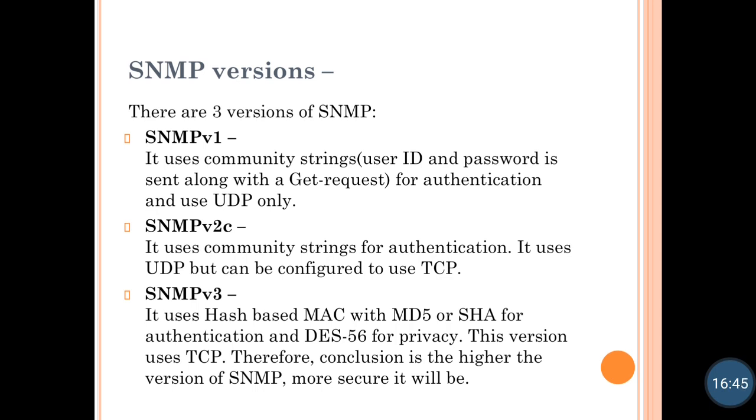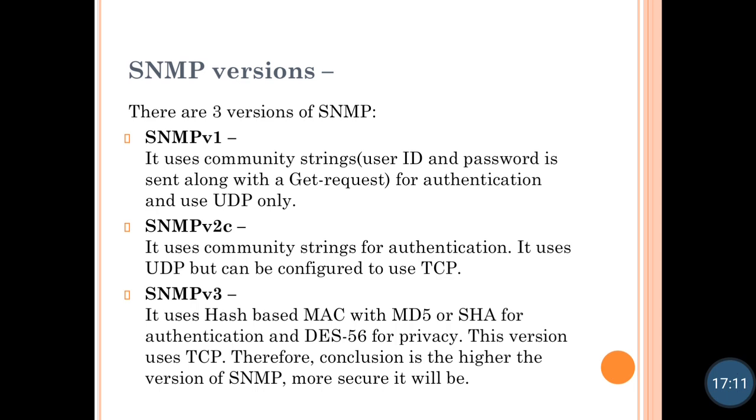In SNMP version 2C, we use UDP but it can be configured to use TCP. In SNMP version 3, we use hash-based MAC with message digest 5 or SHA algorithm for authentication, and DES 56 for privacy.